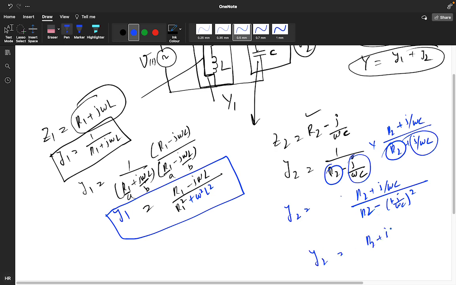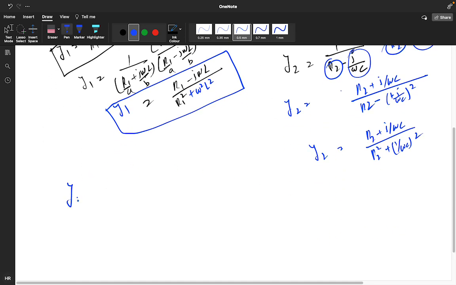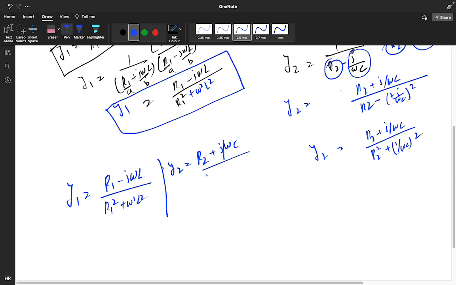So R2 plus j by omega C divided by R2 square plus 1 by omega C the whole square. So you get the value of Y1 is equals to R1 minus j omega L divided by R1 square plus omega square L square, and you get the value of Y2, that is R2 plus j by omega C divided by R2 square plus 1 by omega C the whole square.